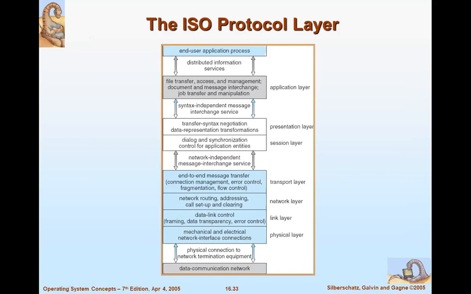Similarly, in presentation, the transfer syntax, negotiation, data representation, and transformation as well. And that's why I told you that all the encryption, decryption, and compression of data takes place at the presentation layer.